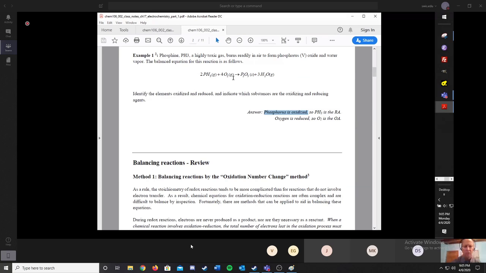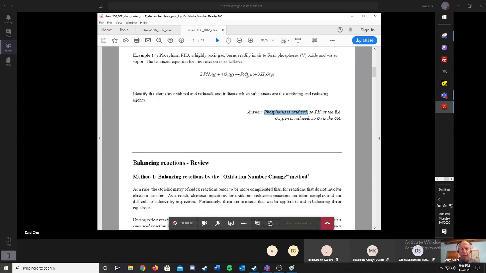And if we went through and looked at oxygen, here O2 is in its standard state. We would assign that an oxidation number of 0. And over here, it's -2 in P2O5, and it's also -2 in water. So it goes from 0 to -2, which is a gain of 2 electrons.